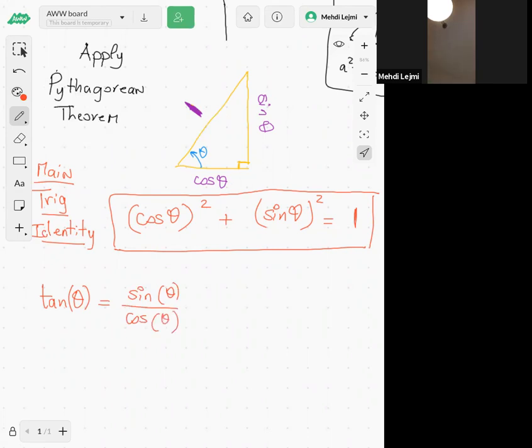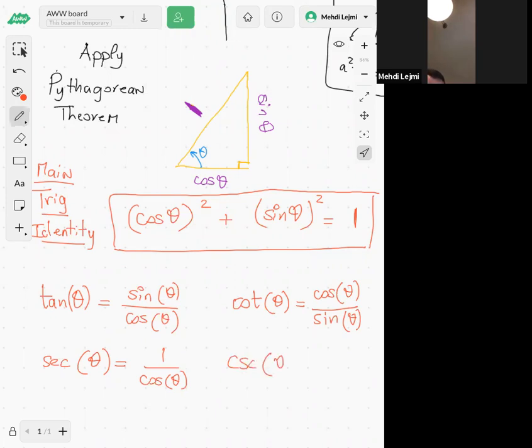There is also cotangent of theta, which is the reciprocal of tangent, so it's cosine of theta over sine of theta. There is also secant of theta, which by definition is 1 over cosine, and there is cosecant of theta, which is 1 over sine.